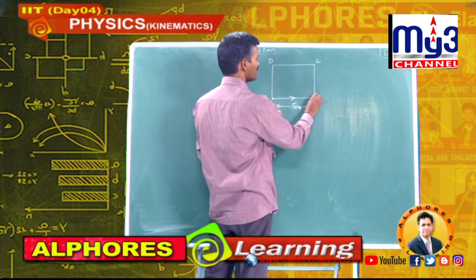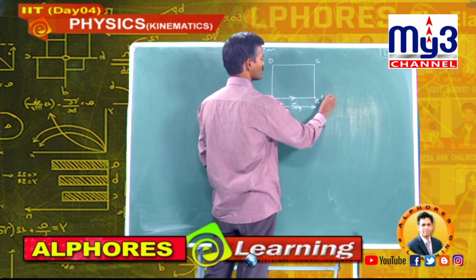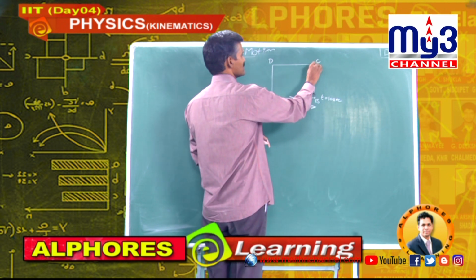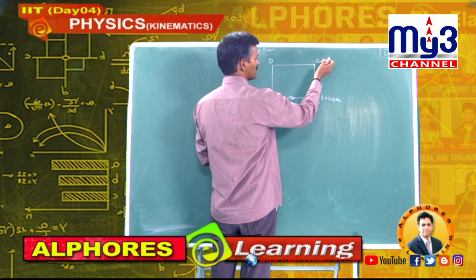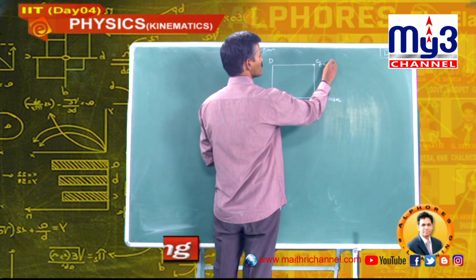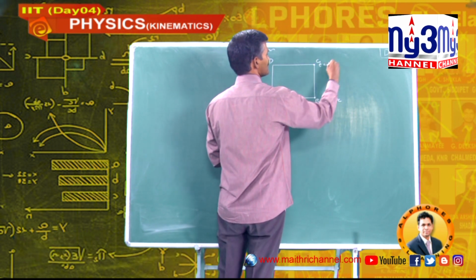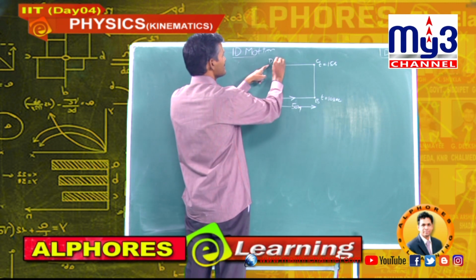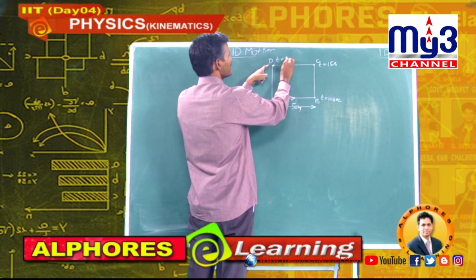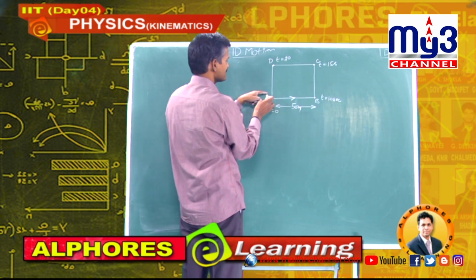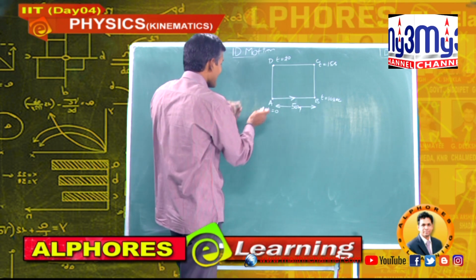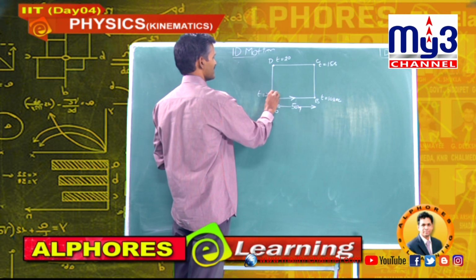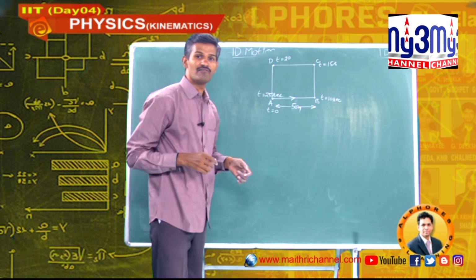He reaches point B at t equal to 10 seconds, and then he reaches C at t equal to 15 seconds. He reaches point D at t equal to 20 seconds. He reaches point A again at t equal to 25 seconds.